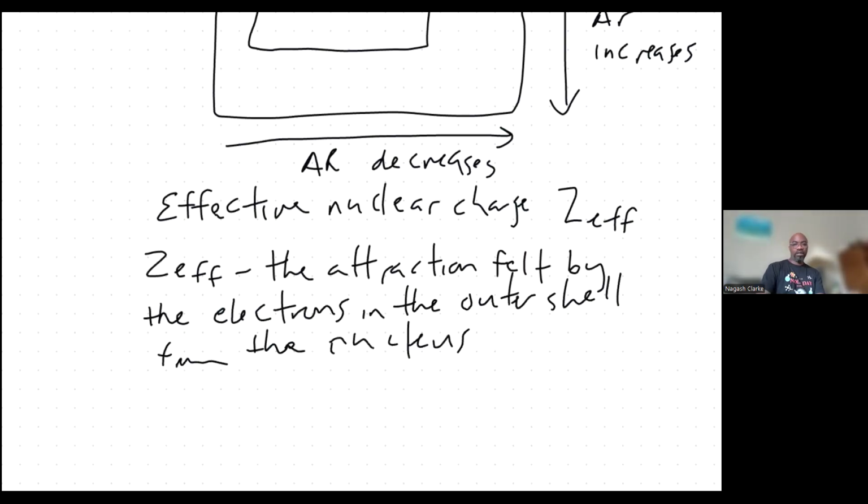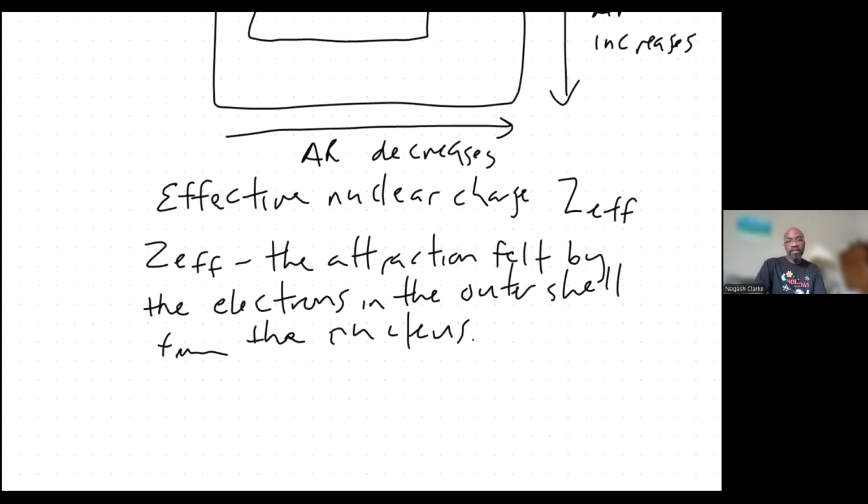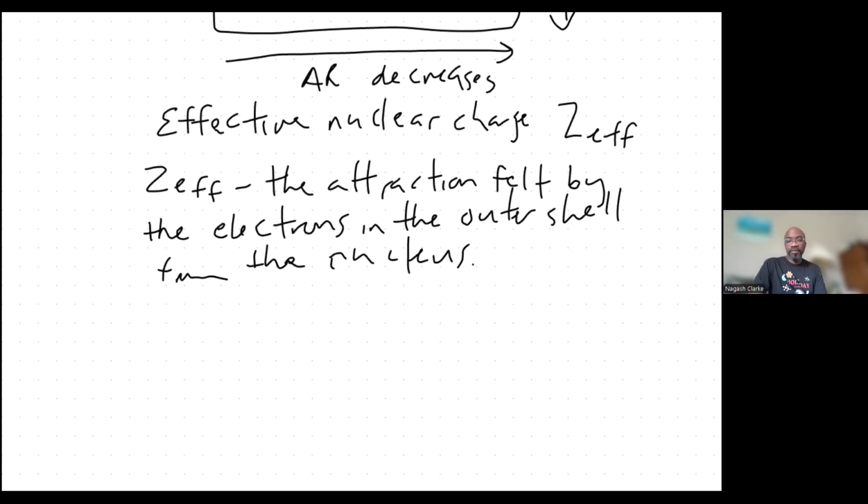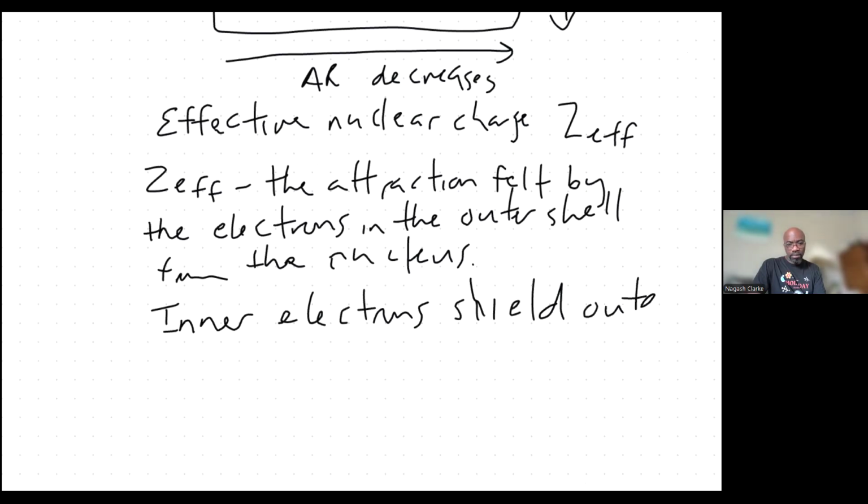So there's nuclear charge and then there's shielding. So inner electrons shield outer electrons from nuclear charge.